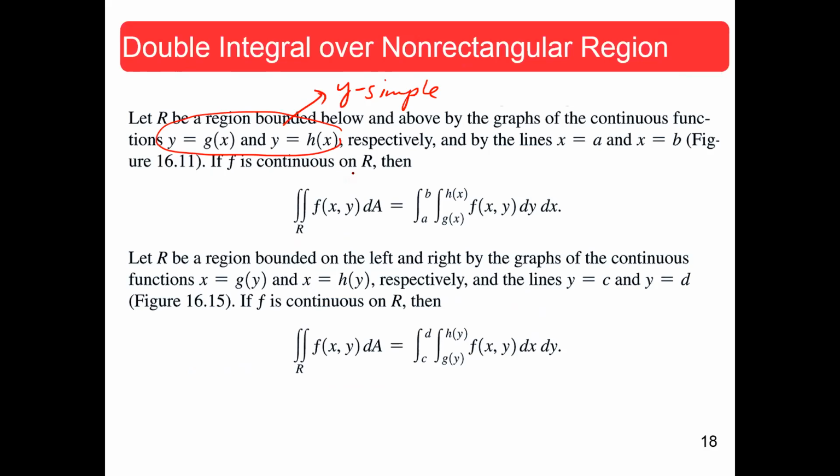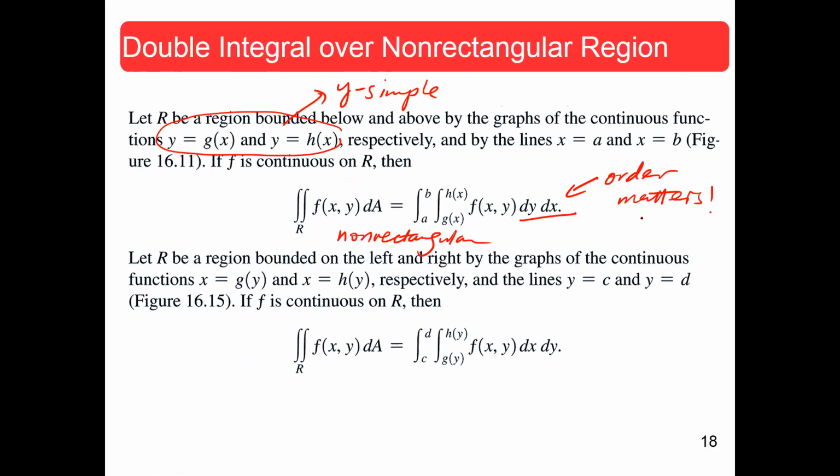If function f is continuous on this region R, then we can perform the double integral of f of x, y dA over region R. Now, because this time it is non-rectangular, you have to pay attention to the way we put dy dx or dx dy. This time order matters for integration.